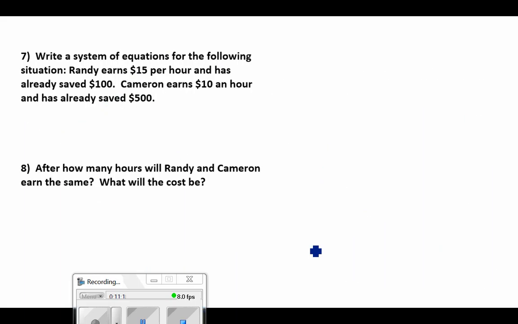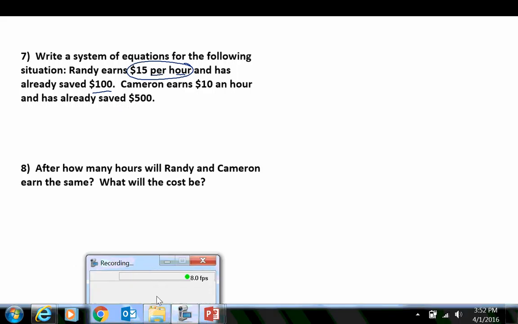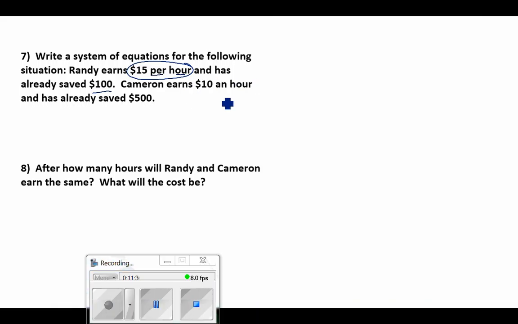Question 7. Write a system of equations for the following situation. Randy earns $15 per hour. That per hour is important. And has already saved $100. And Cameron earns $10 an hour and has already saved $500. So we have two situations.